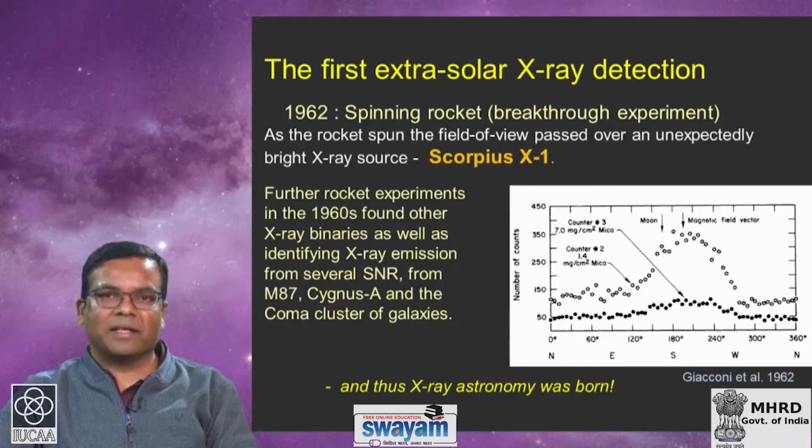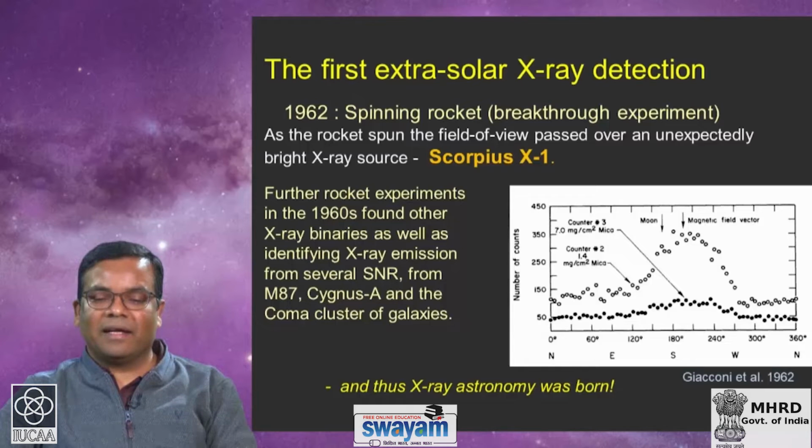When the rocket spun, there was a sudden increase in the count rate from the detectors, and this increase was due to a source in the Scorpius constellation.